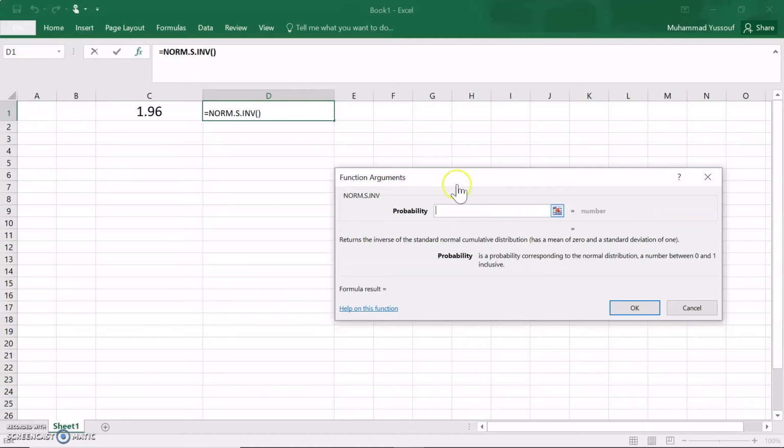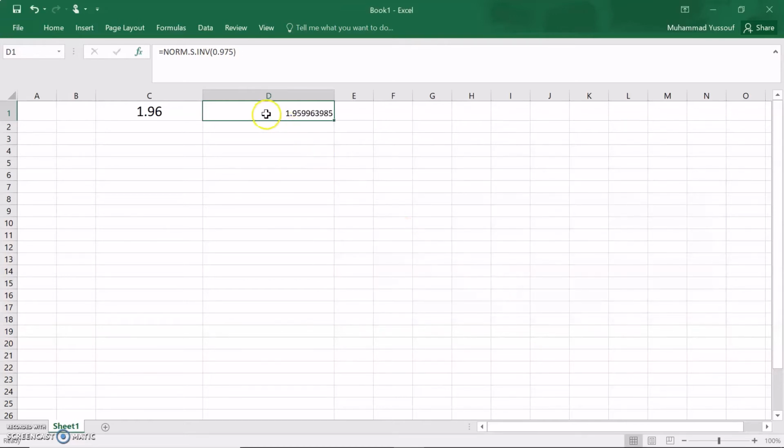NORM.S.INV means give me the z-score for a standard normal curve. That happened to be a standard normal curve, and in this case the area was 0.9750. You enter this area and the answer will be this one. I have to round it to two decimal places.